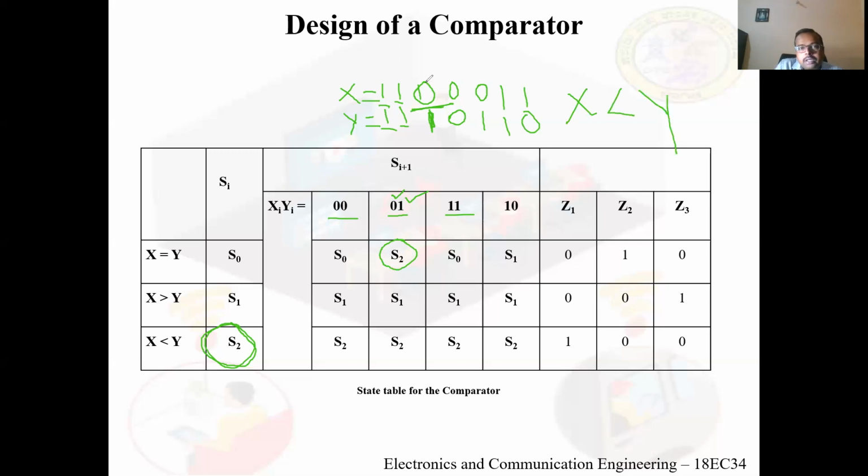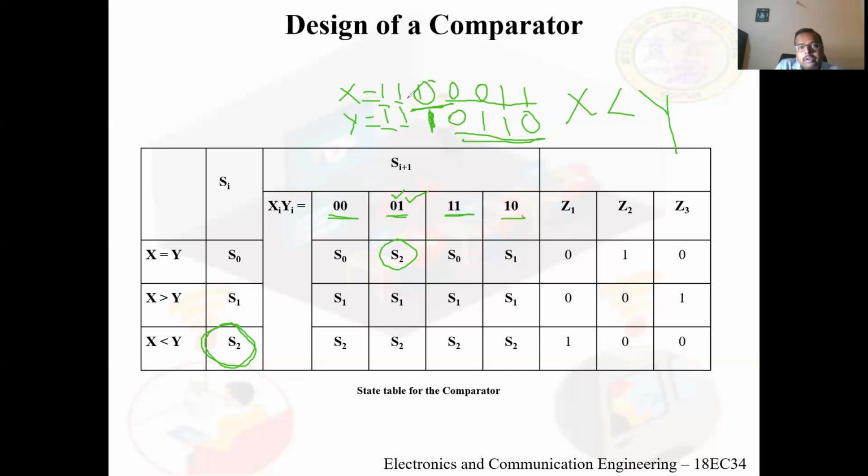Now since these two bits are more significant as compared to these bits here, this will become the least significant bits compared to this one. So irrespective of this comparison, we have 0, 0 here, 0, 0, 0, 1, 1, 1 and 1, 0.